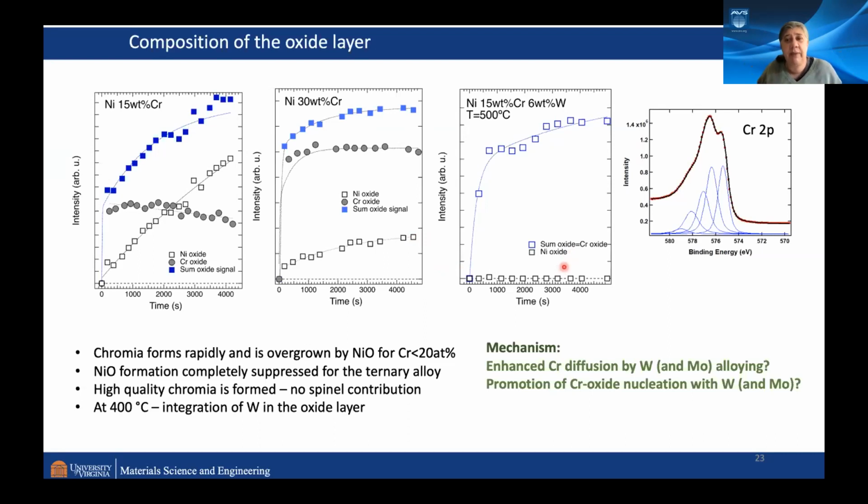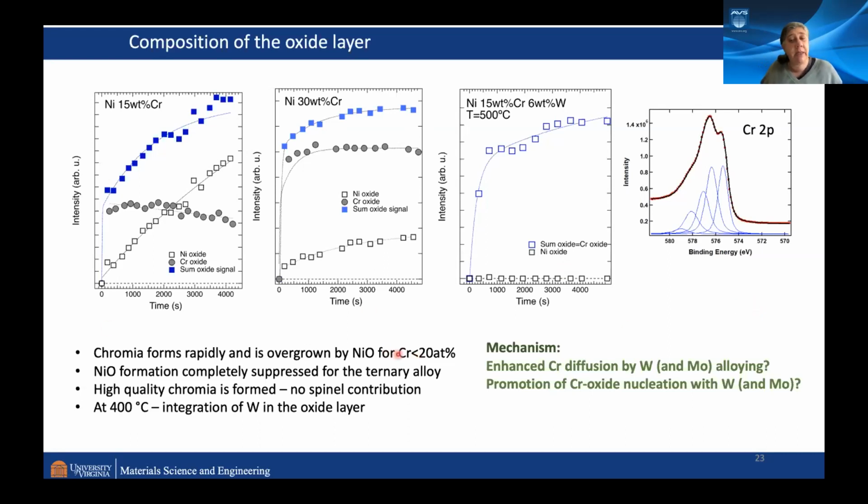And we do think that this is partially, at least, responsible for the excellent performance of this oxide. It's also something you see in aqueous corrosion. It's not quite as pronounced. And if you look at the chromium 2p fit, it is exactly like a chromia solid you use for reference.